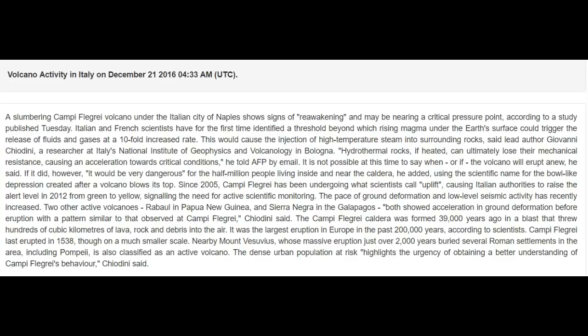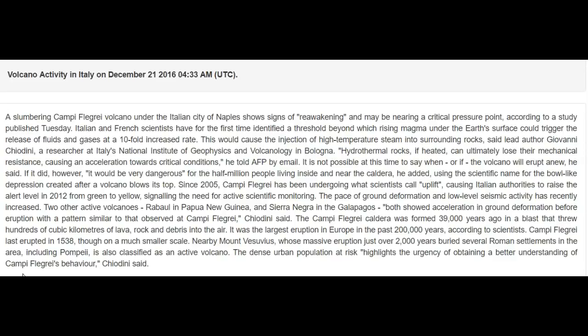Now it's saying Italian and French scientists have for the first time identified a threshold beyond which rising magma under the Earth's surface could trigger the release of fluids and gases at a 10-fold increased rate. They're saying this would be a risk for over 500,000 people because they built up all around the area.